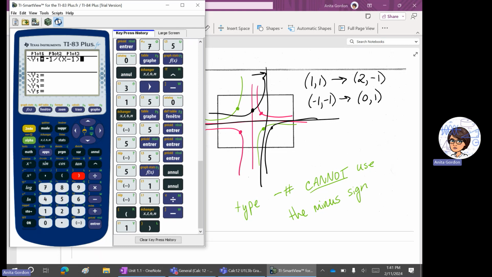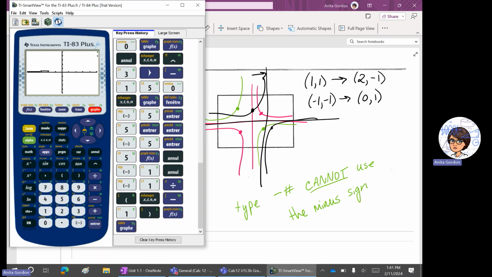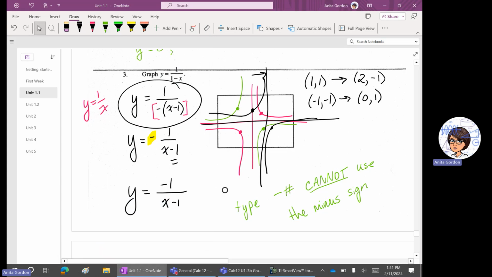Another thing to remember when we are dealing with calculators, they're not always super bright. So if you have more than one term in the numerator or denominator, automatically that has to go into brackets. So I wrote this like this. Otherwise, it's going to think negative 1 divided by x and then minus 1.